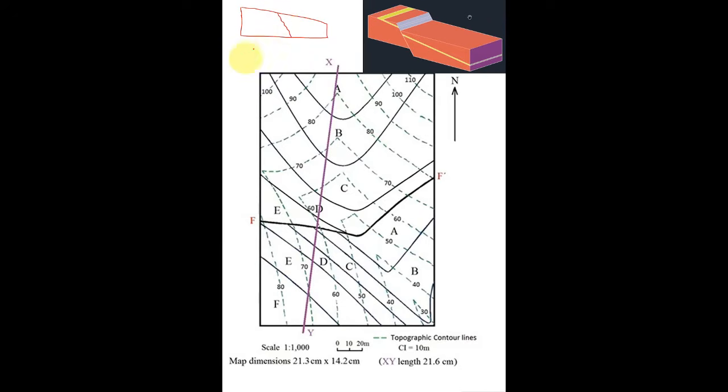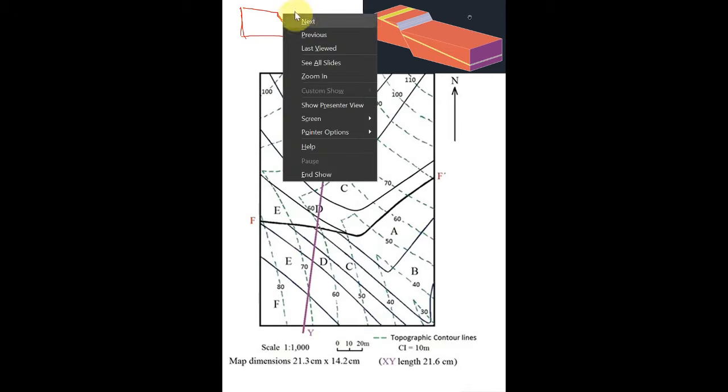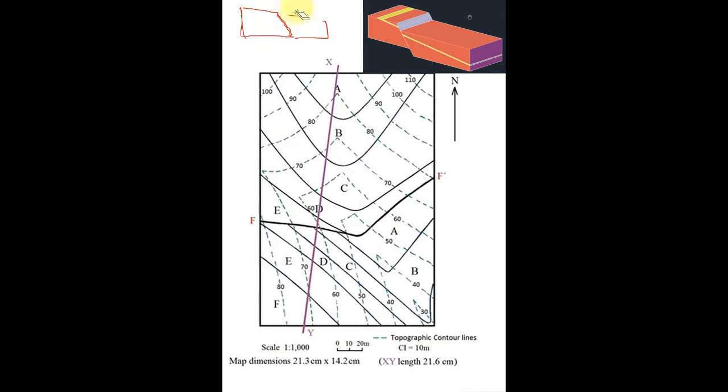So what will happen is, this will be one part of the rock, and the other part will be this one. Let us say now the faulting has taken place and the rock has come down this way.